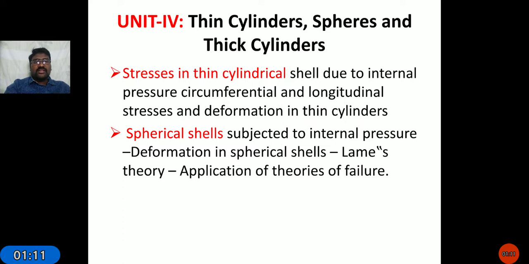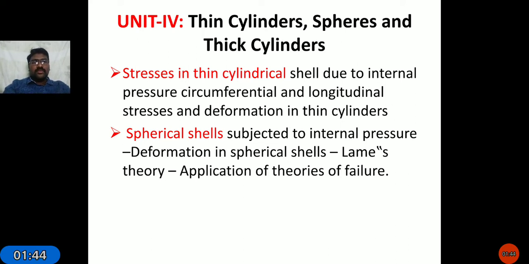These stresses are circumferential and longitudinal stresses, and due to these stresses, some strains are also developed. So we are going to discuss the stresses and strains developed in a thin cylindrical shell due to the internal fluid pressure. In the same way, we are going to calculate the stresses in thick cylinders and spherical shells.